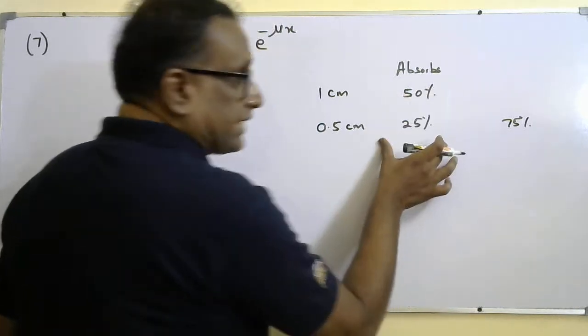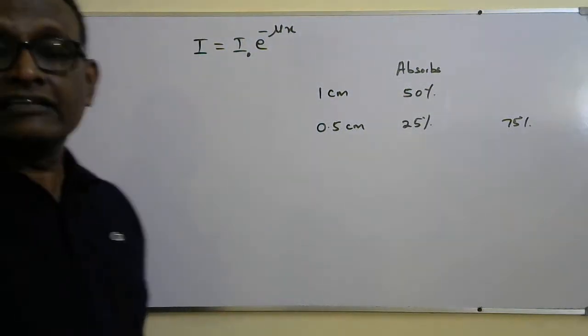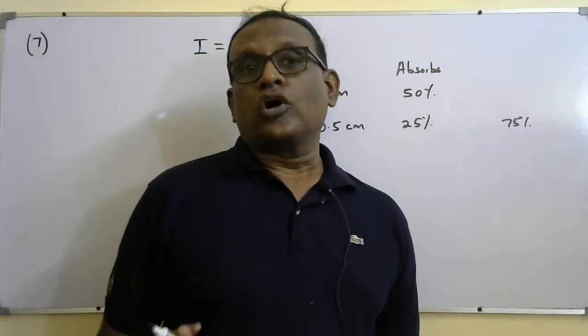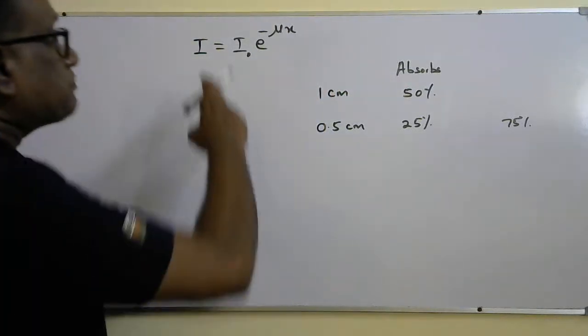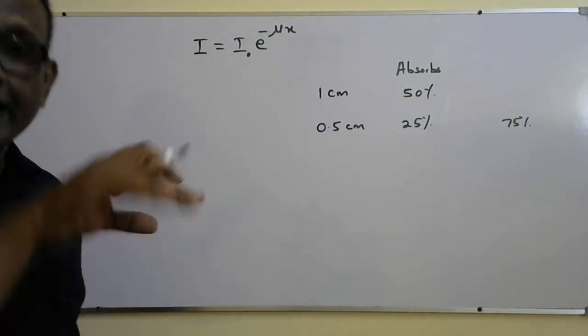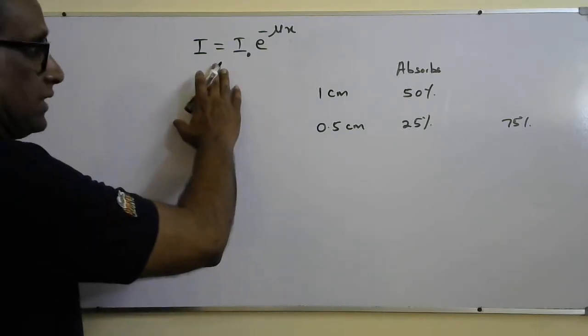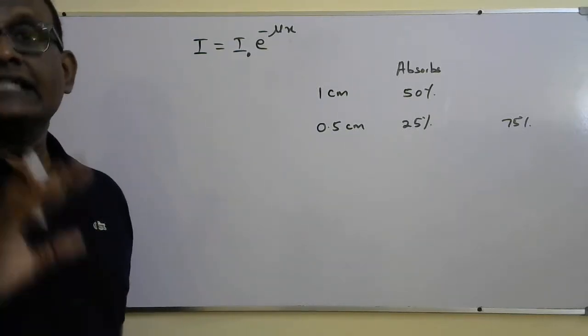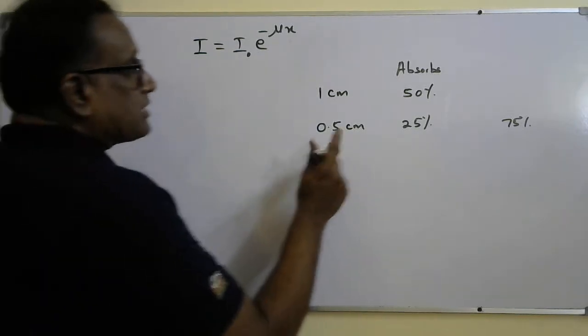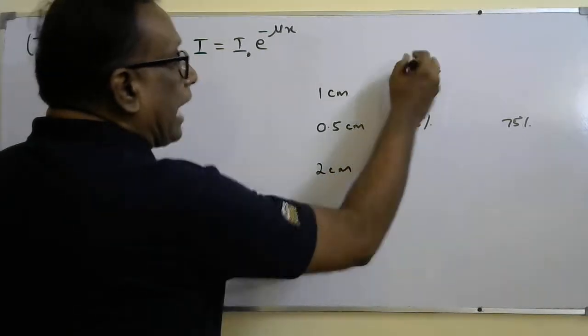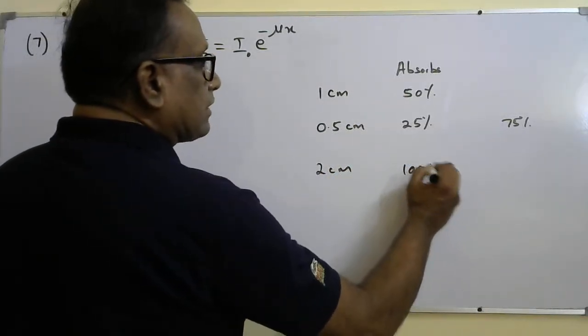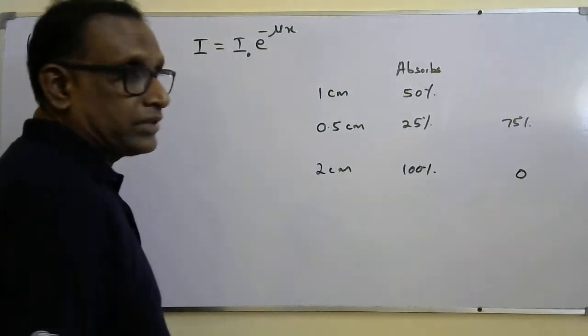So if this is correct, that obeys a linear relationship. But it's not obeying a linear relationship. It's obeying an exponential relationship. Remember that it's exponential. You don't need the equation, but it's not linear. In the same way, if you were using 2 centimeter, absorption would be 100% and the count rate would become 0 if it were linear.